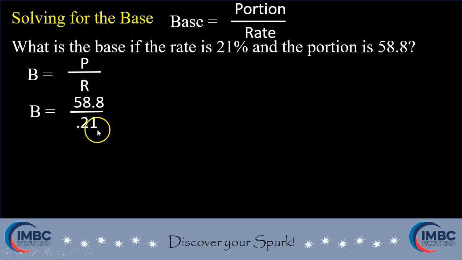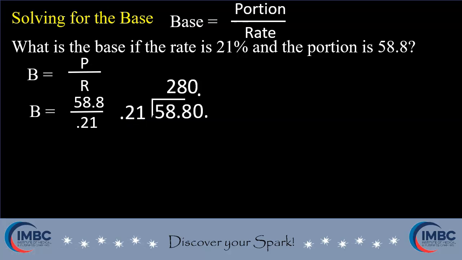Again, we change the 21% to its decimal equivalent. We do the division, 58.8 divided by 0.21. We move the decimal 2 places in our divisor, which means we have to move our decimal 2 places in our dividend. Again, we talked about this earlier. We do the division, base equals 280.